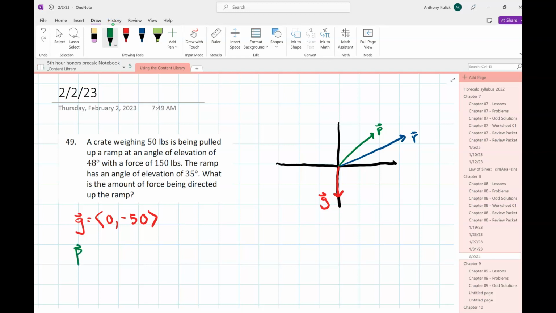The next up is the pull vector. We're told that has magnitude of 150 pounds and a direction of 48 degrees. So we'll just resolve that into component form by doing magnitude times cosine theta, and then magnitude times sine theta.